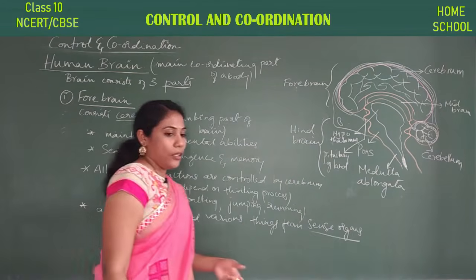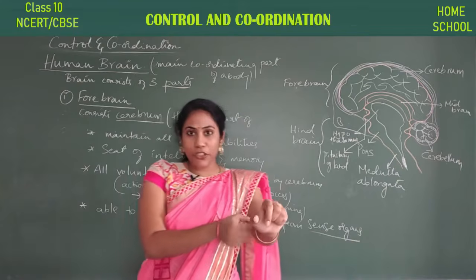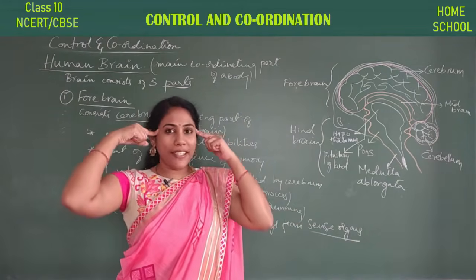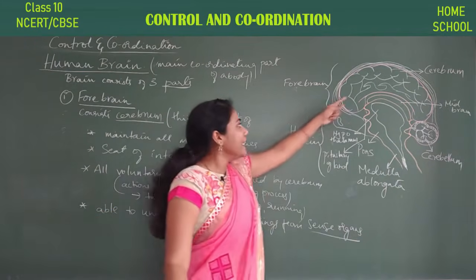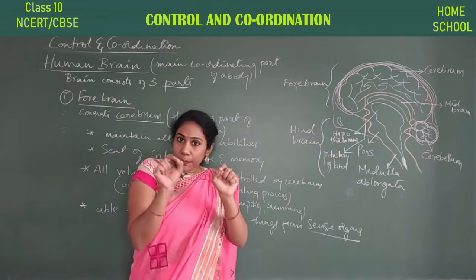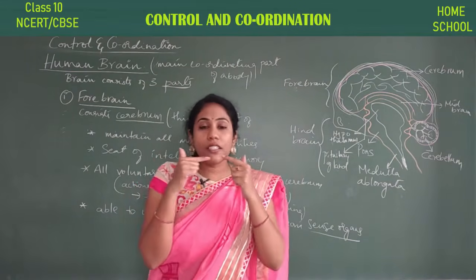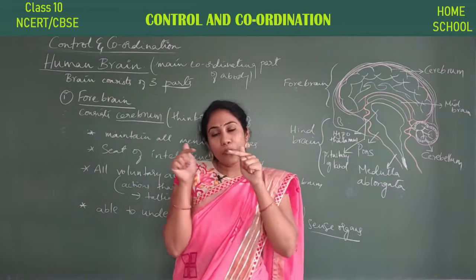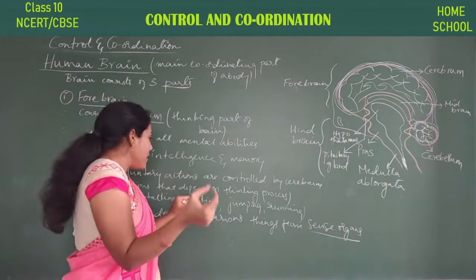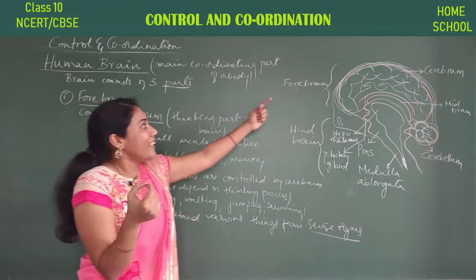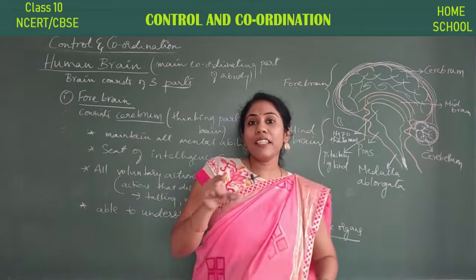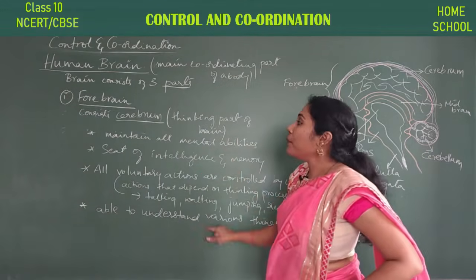Say, for example, if I pinch your skin, the signal automatically goes to the brain. To which part of the brain will it go? It will go to the cerebrum part of the brain. So whatever stimuli is given to the sense organs goes straight away to where it is understood and processed in the brain. That particular part is what we call the cerebrum. So these are the various duties performed by the cerebrum.